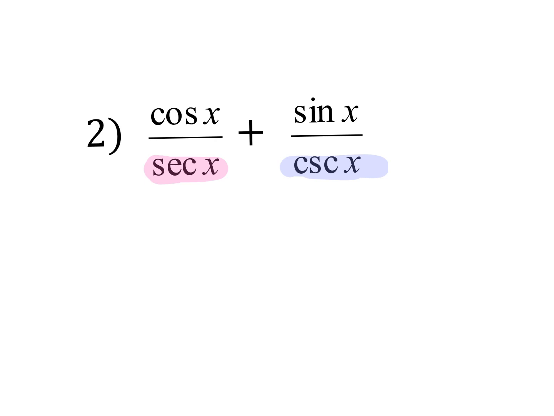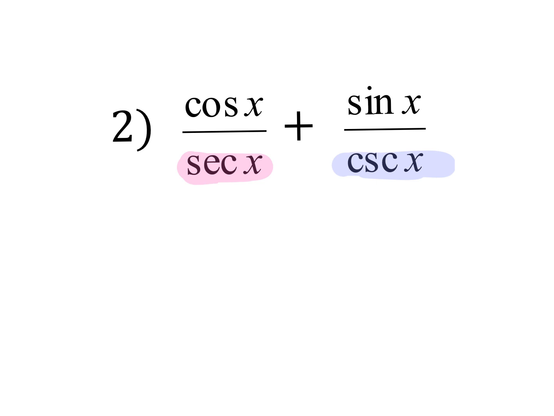But I think this one in particular is easiest if we switch these into sines and cosines first. So I want to keep the numerator the same because it's already a cosine, and we like that, but I want to rewrite that secant of x. How can I rewrite that secant of x using sines or cosines?